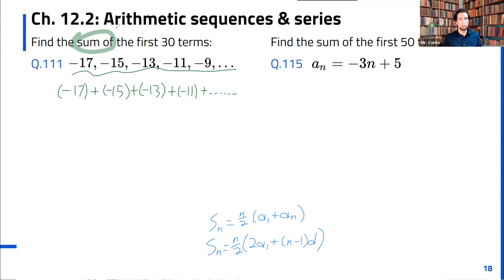Okay, so let's see if we can do this. On the one on the left here, Q11, let's see what we need. A1. Yes, we have A1. I'm just going to erase this for space.